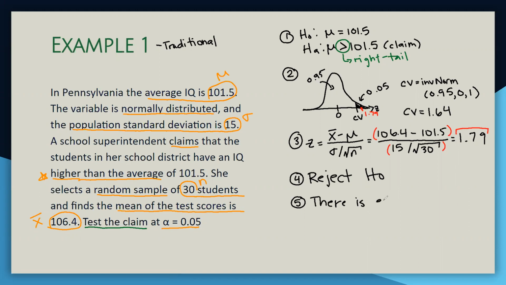There is enough evidence. And then I look at my claim. If the null is my claim, there's enough evidence to reject. If the alternative is the claim, there is enough evidence to support. So in this case, there is enough evidence to support the claim.